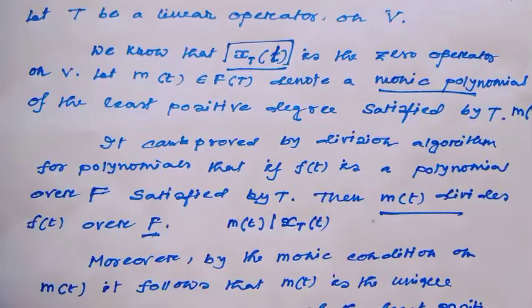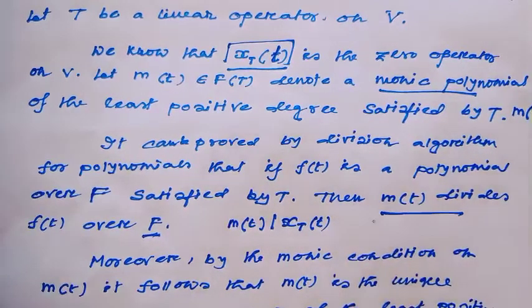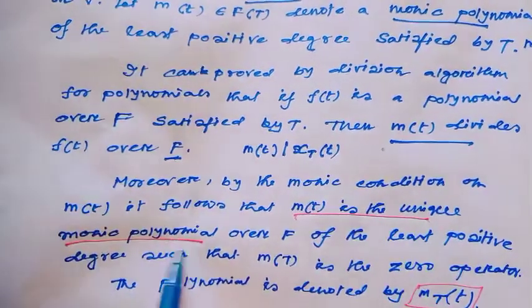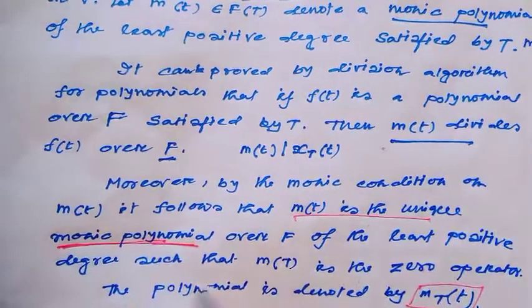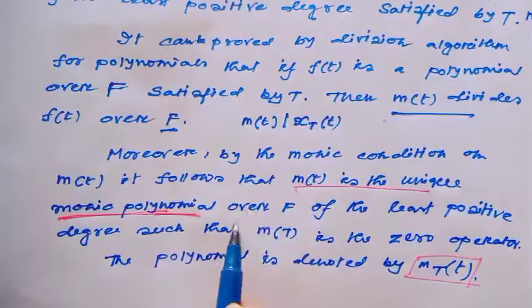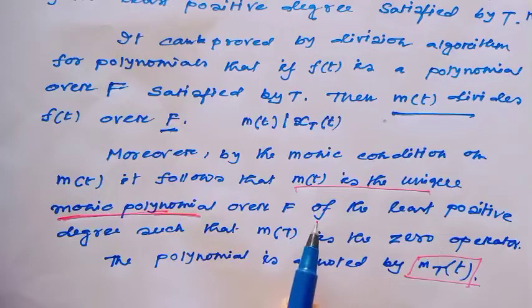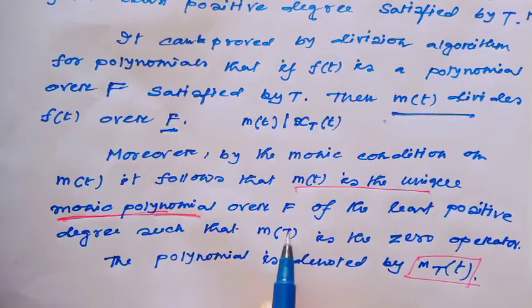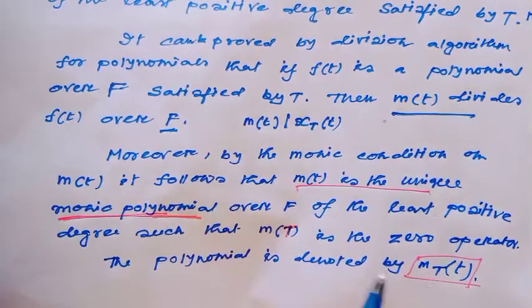Moreover, by the monic condition on m(t), it follows that m(t) is always a unique monic polynomial. This is very important. Always the minimal polynomial is the unique monic polynomial over the field F of least positive degree such that m substituted with T is the 0 operator.